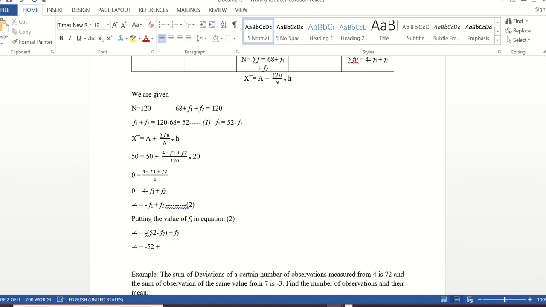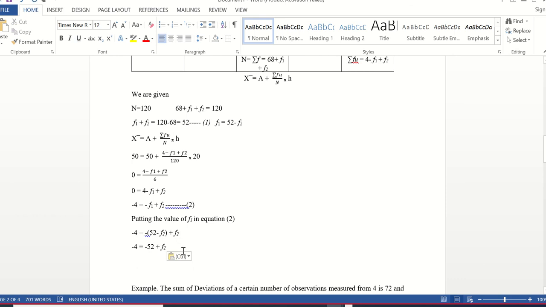So plus f2 plus f2 will become 2f2, right?